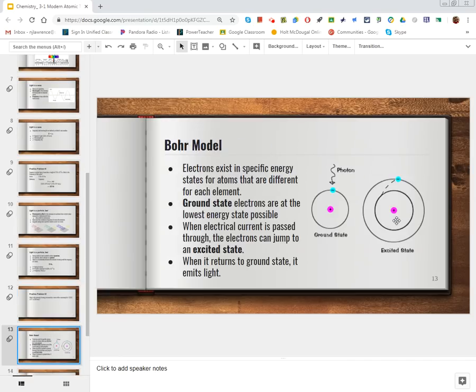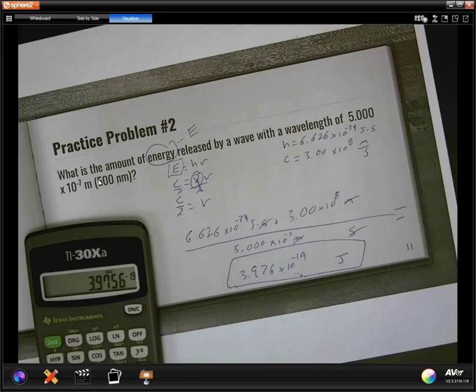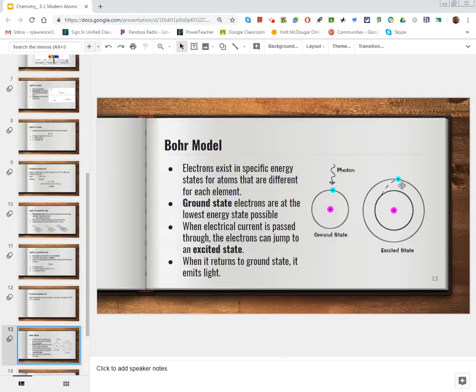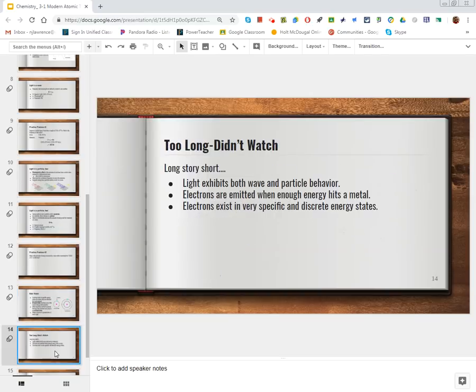So again, why do I know these different energy levels are here? Because I can see that a certain color, like 500 nanometers, I think that's the green color. So when green light was emitted, he knew that was the amount of energy being released, and so he knew that was the energy difference between this energy level and this energy level. And that's how Niels Bohr came up with that new model.